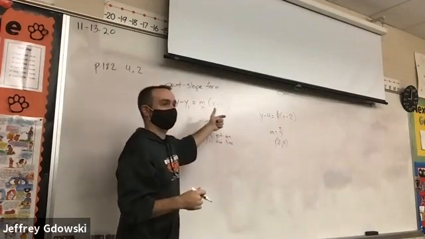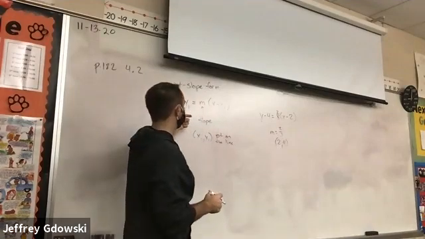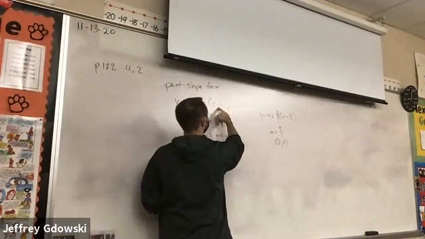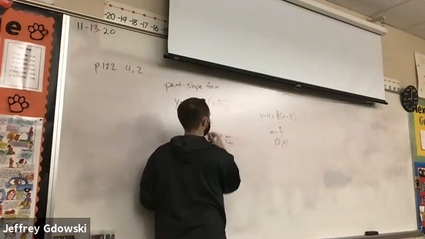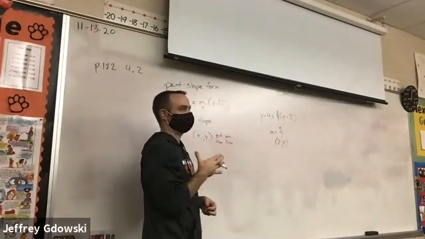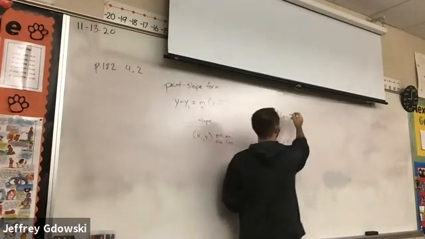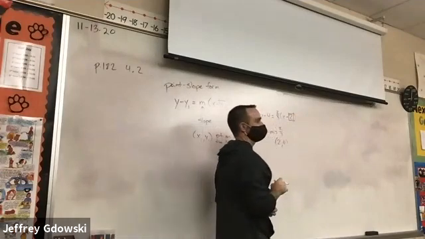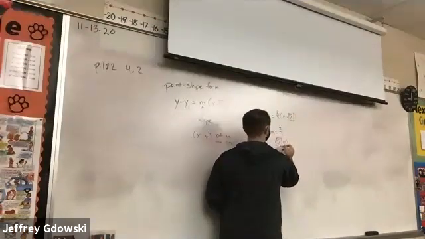Look at your equation. Okay, look at your equation. It's x minus x1. So whatever is being subtracted, that's the x1. Over here, the 2 is being subtracted. So the 2 is your x1.